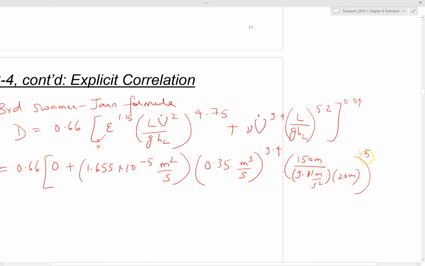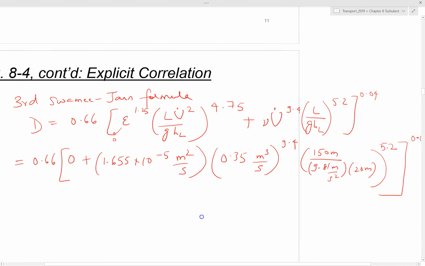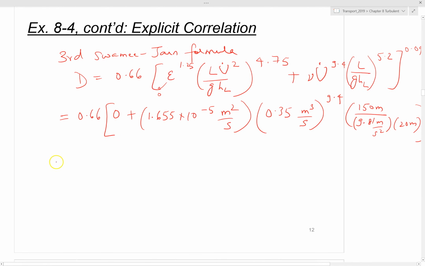Everything raised to the power 5.2, and this whole expression has exponent 0.04. Okay, so you get a D value of 0.271 meter.